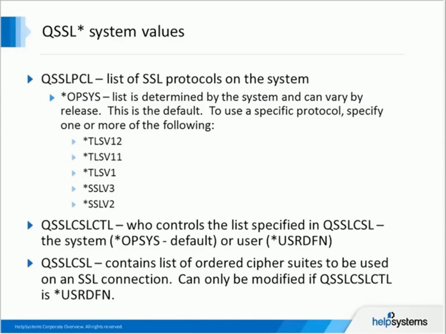So the system value that controls the protocols is the one that ends in PCL, protocol list. Your options, I'll show that to you in a minute. And then there's 2 others that allow you to control what ciphers or what actual encryption algorithms are available.